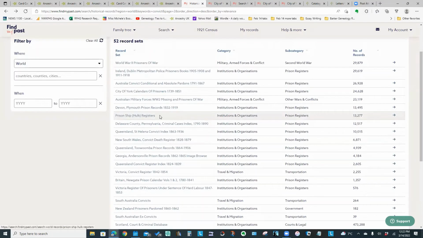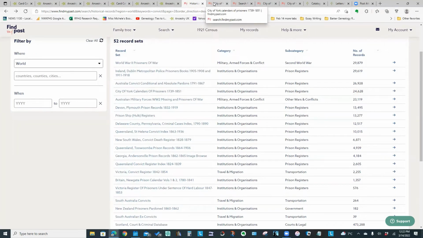So they also have prison ship Hulk registers. There's not a lot. They only have 13,000 images, but they do have some. What we're going to look at today is the City of York calendars of prisoners.